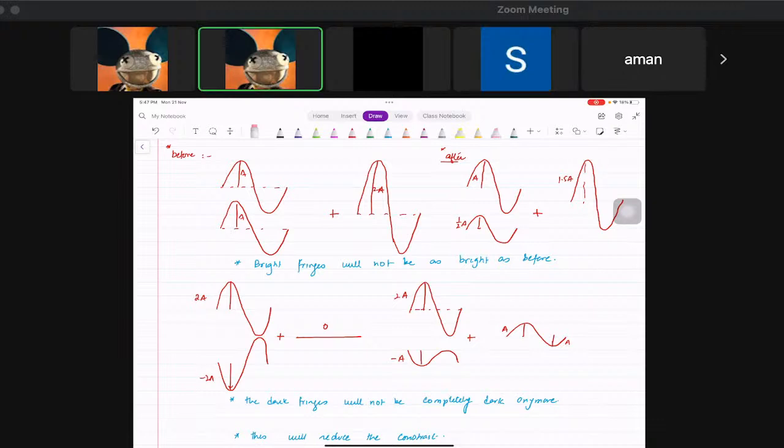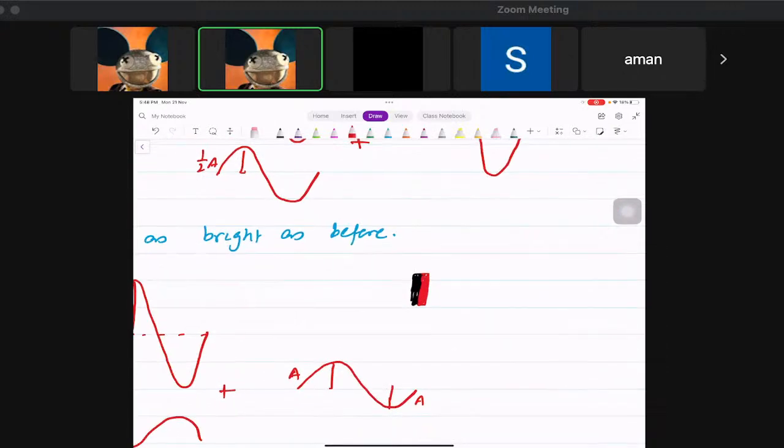What I believe in contrast is that you can clearly define colors. Like right now, if I say this is completely dark, so you see a dark fringe, and then let's suppose a red fringe. Now this has a pretty good contrast because you can see black and red, right?